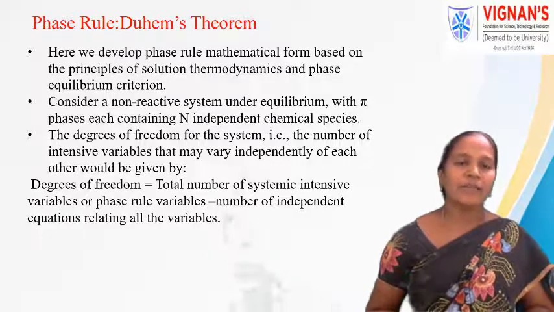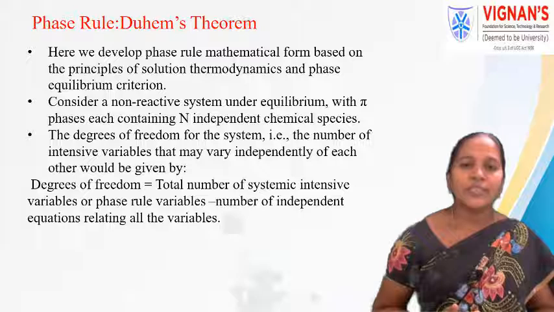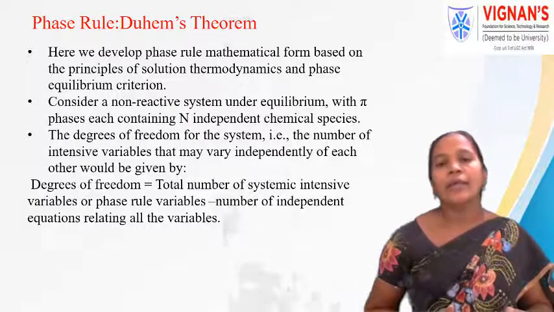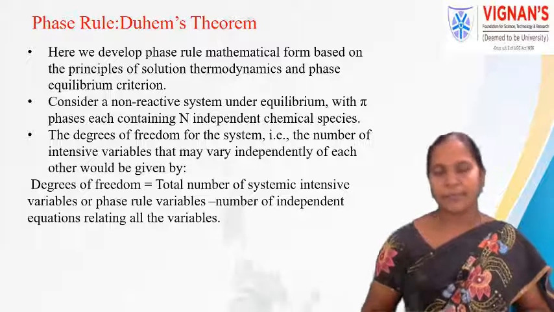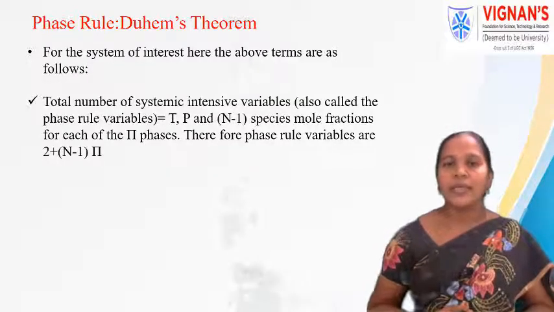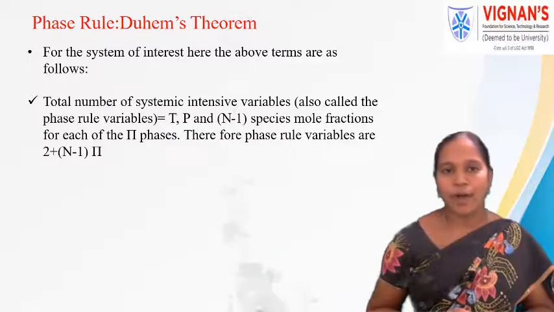Simply, the degrees of freedom is the difference between the number of phase rule variables and the number of independent equations. For the system of interest, the above terms are as follows.